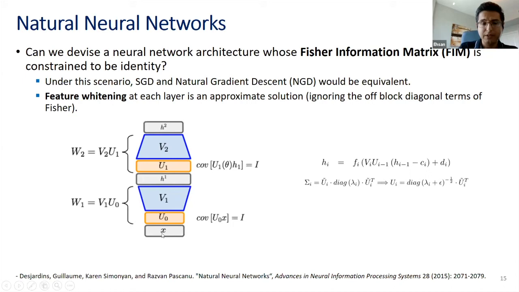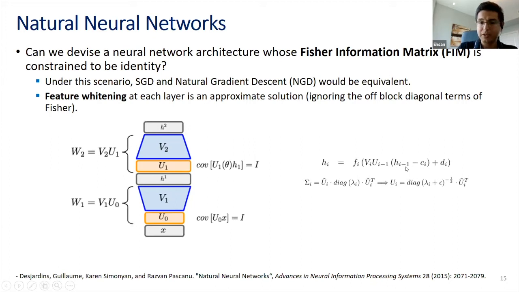So we have this input X, we have this whitening matrix U0, whose output should have identity covariance matrix, as you can see here. And then we also have some fully connected parameters that are being learned based on the task loss. So this one is learned based on the statistics of the mini batch, but this one is learned based on the task loss.